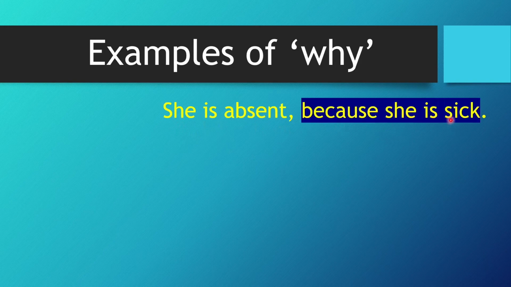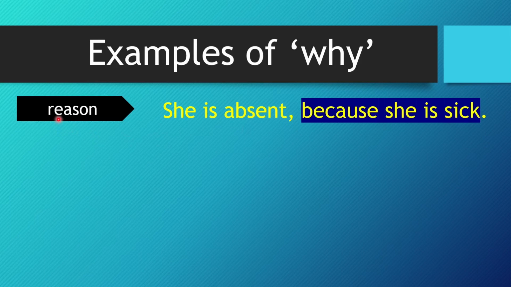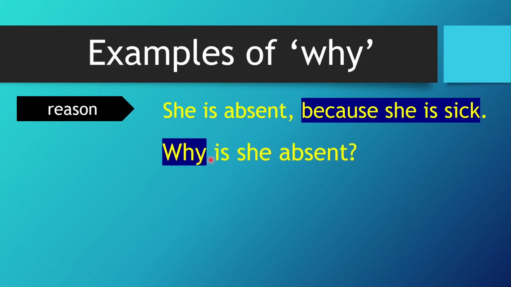Here, because she is sick, this is giving us reason or cause. So the question will become, why is she absent? Why is indicating the reason, because she is sick. So after why, we are writing is, after that the subject, she, and the other part of the sentence, absent. And at the end, we are putting the question mark.